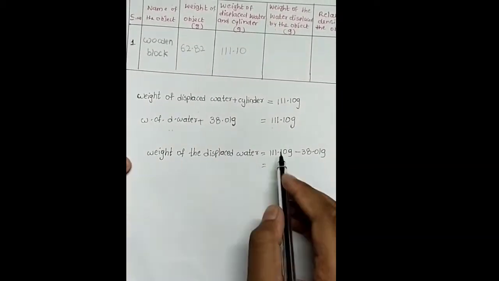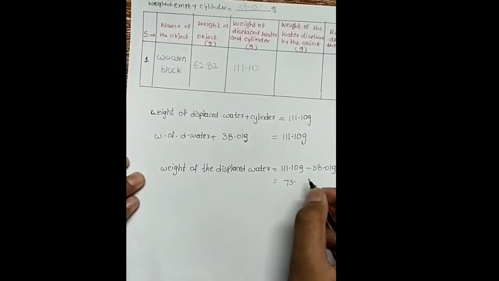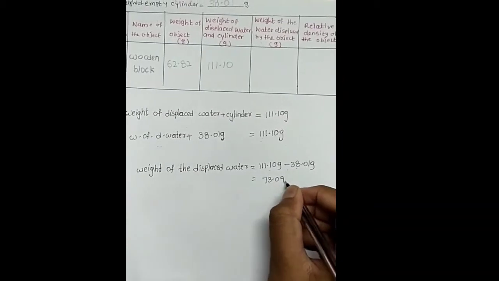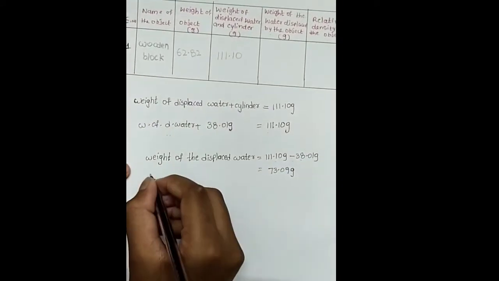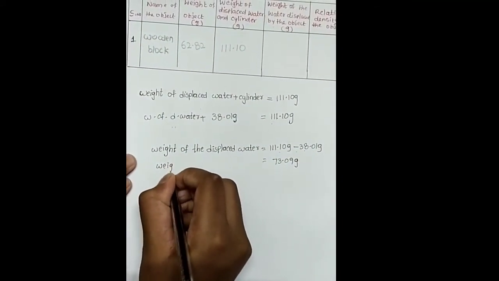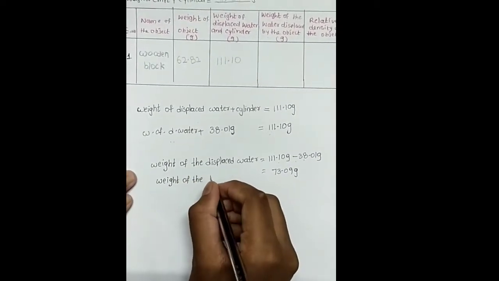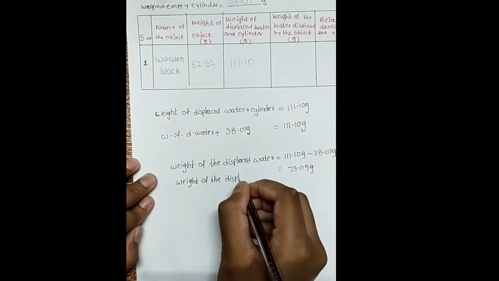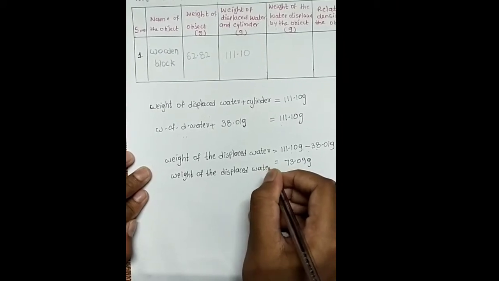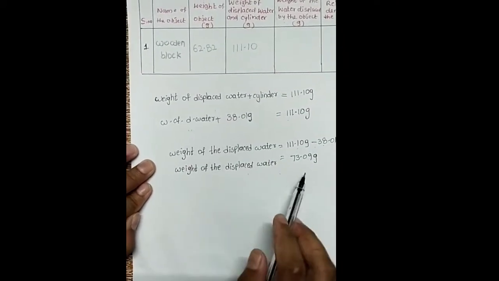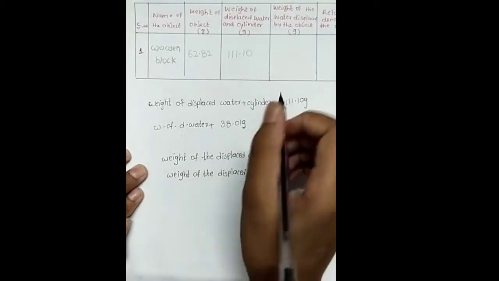By subtracting these two, we will get 73.09 grams. So the weight of the displaced water is 73.09 grams. We should note the reading here.